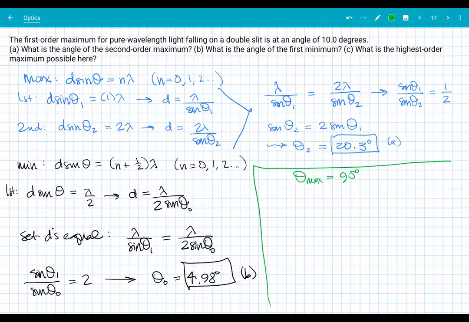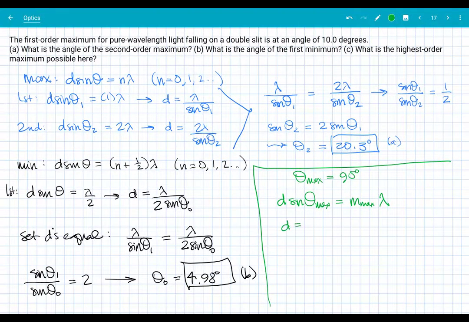And they want to know what the highest order max is. So I'm going to use the max equation. So d sine theta max is equal to m max times lambda. So we're looking at bright fringes, right? So I'm doing integer multiples of lambda.